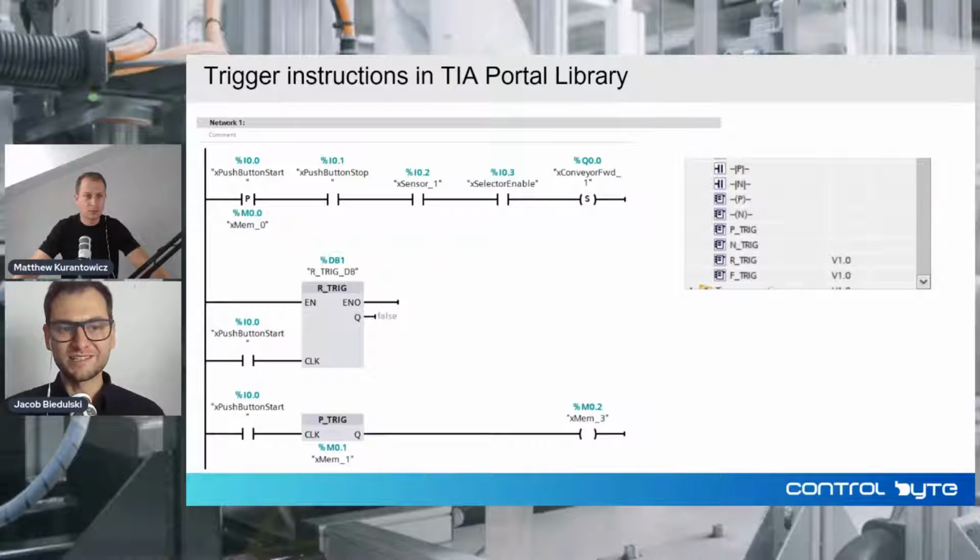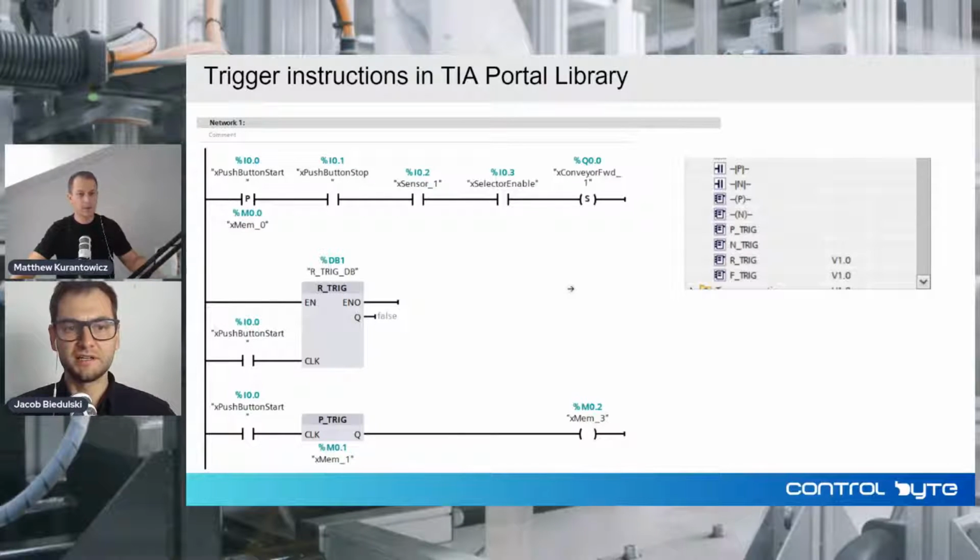Now let's analyze the standard basic library in TIA Portal. Let's see which instructions we can use to detect a signal's edge. In this picture, you can see three different trigger instructions that you can use to detect the edge.